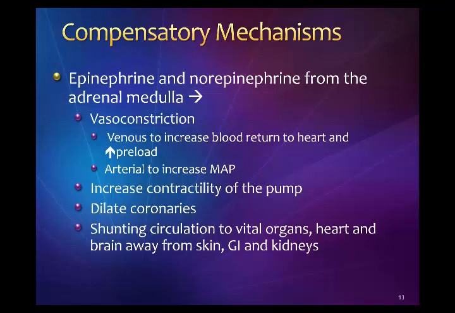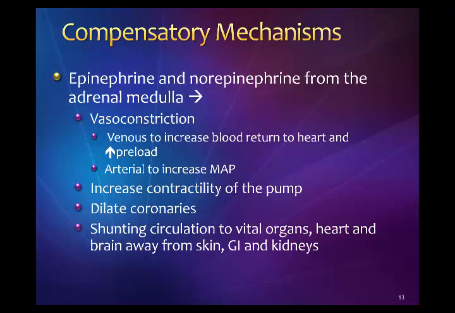The norepi and epi are going to cause some profound vasoconstriction. So they're going to do that in order to increase blood return to the heart. So in a case of shock, we're really hurting for cardiac output and blood coming back to the heart, and that's referred to as preload.